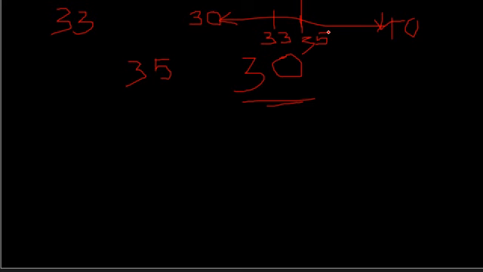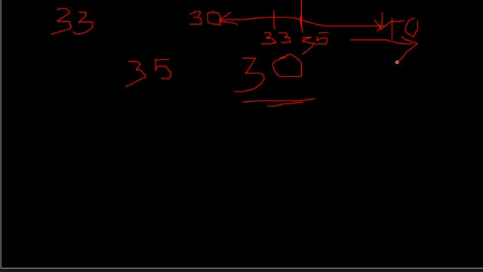It is also the same if you are asked to round off 321 to the nearest 100. 321 occurs between 300 and 400.